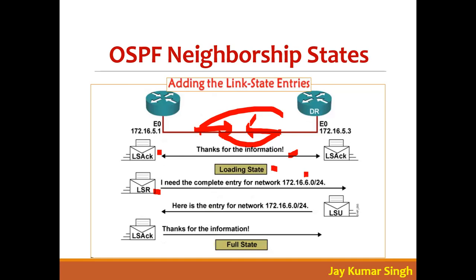This is not mandatory. If a network is missing, then he will generate an LSR. But if there is no network missing, then he will not generate any LSR. Like suppose this is only a single link, there is no other network, then why would he generate an LSR? But if there are other networks also connected like this, then he will generate an LSR.